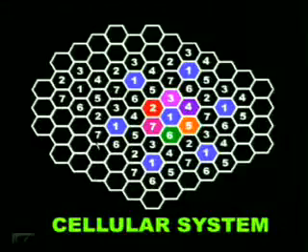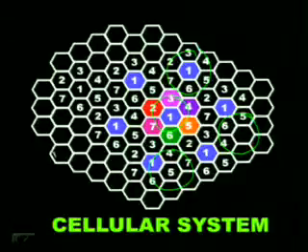See here, this is the cell structure which has a number of clusters. For example, this is one cluster, this is another cluster, this is another cluster, this is another cluster. In this way, there are hundreds of clusters.